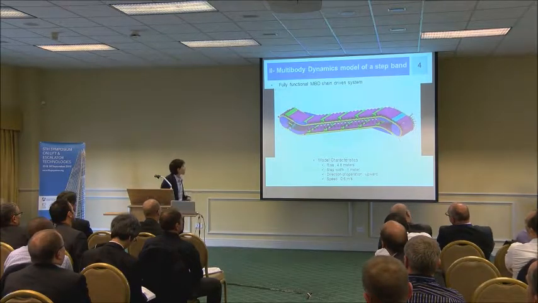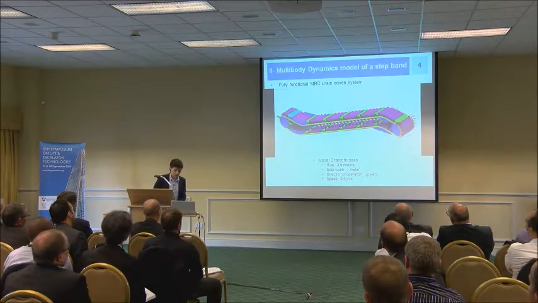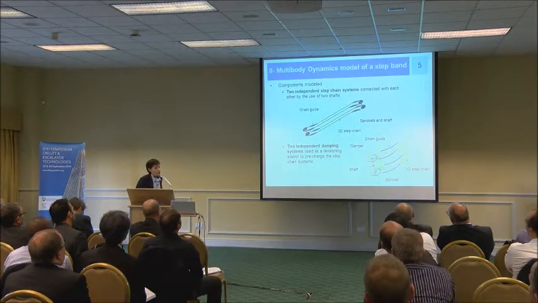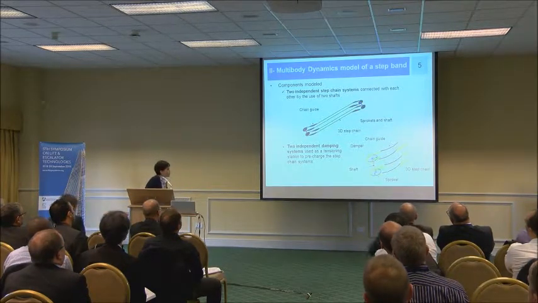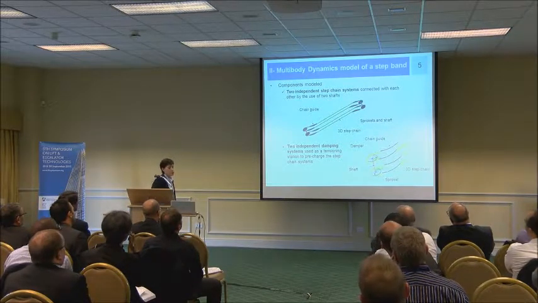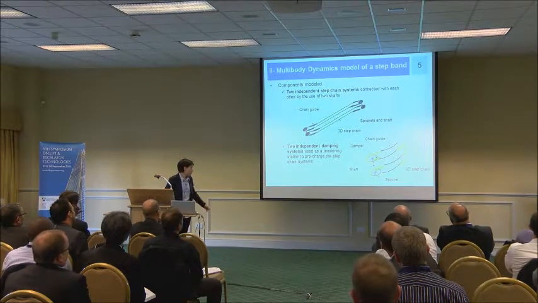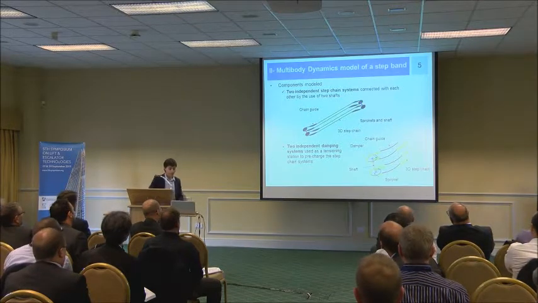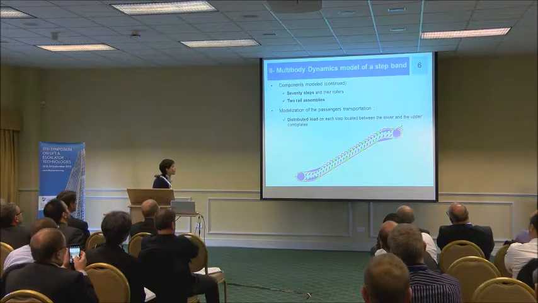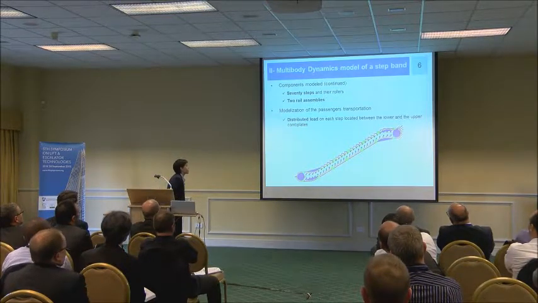And before we go on, I want to give you more details about this model. It's composed of two independent step chain systems connected with each other by the use of two shafts. There are also two independent damping systems used as a tensioning station. And of course, 70 steps and their rollers and two rail assemblies.